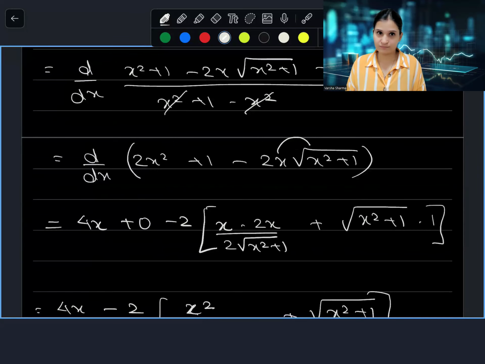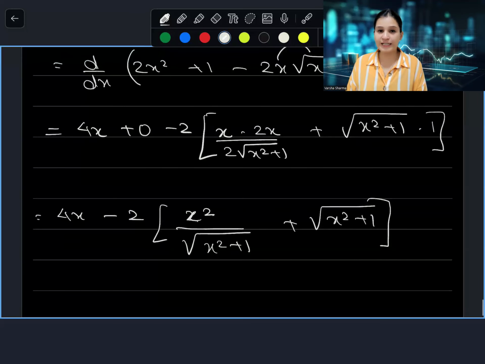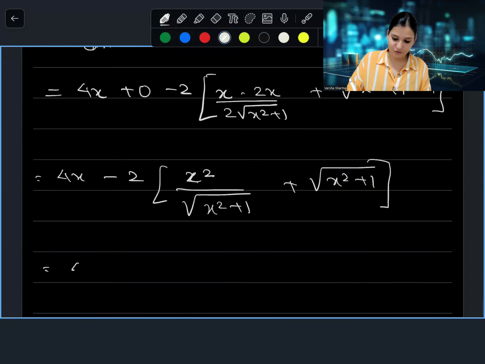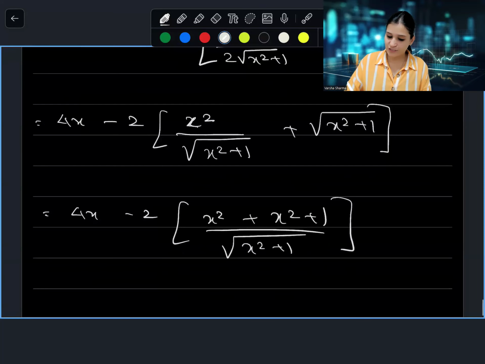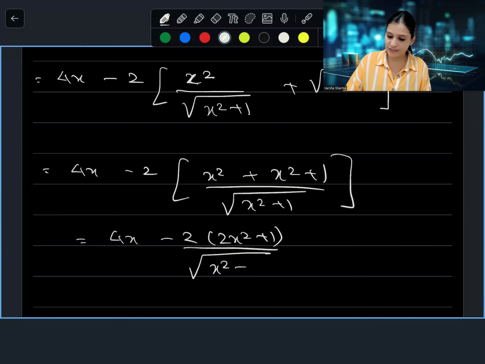Do we need to take LCM here? Yes, we have to. This becomes x square plus 1. So this becomes 4x minus 2, 2x square plus 1 upon root over x square plus 1, because it gets simplified.